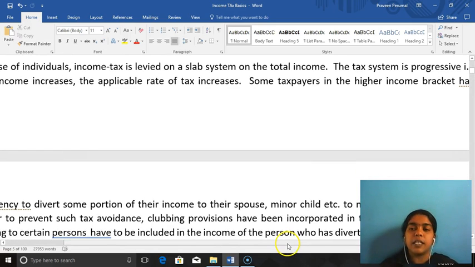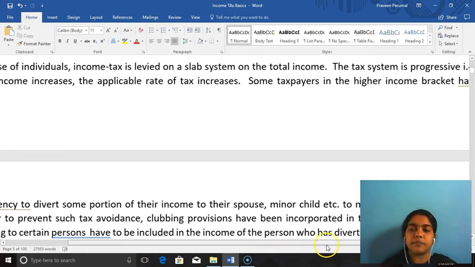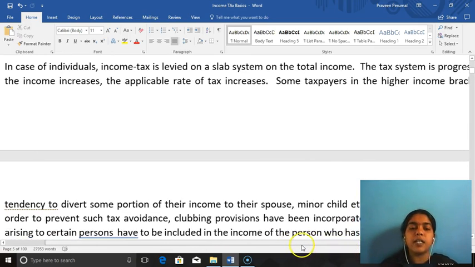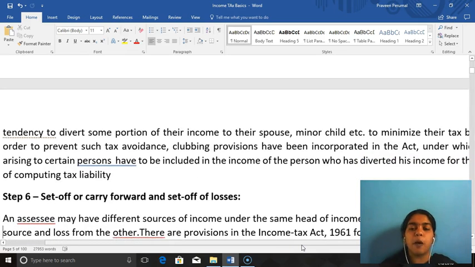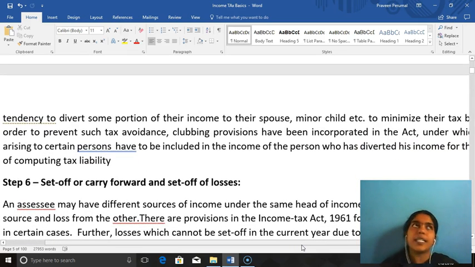Some taxpayers in the high income bracket have a tendency to divert some portion of their income to a spouse, minor child, etc. Let us take a case where a person has a huge income in profits and gains of business or profession. His wife does not have an income. Then what does he do? He tries to channelize some of his income to his wife's name, and files a return in the name of his wife for that specific amount.